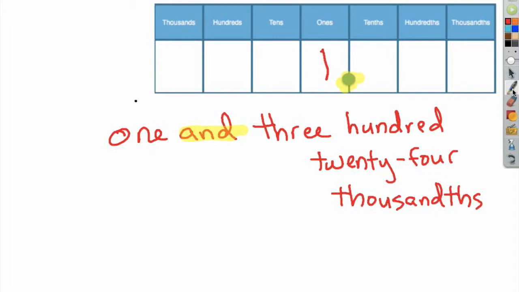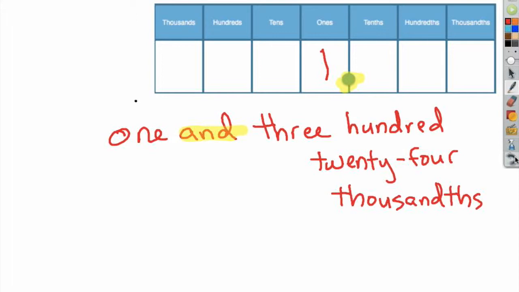So if you have a 3, right here. That won't work because we've already taken care of the whole number. 324 thousandths. Well, let's think about that a minute. What's going to be the last number in that problem? 4.